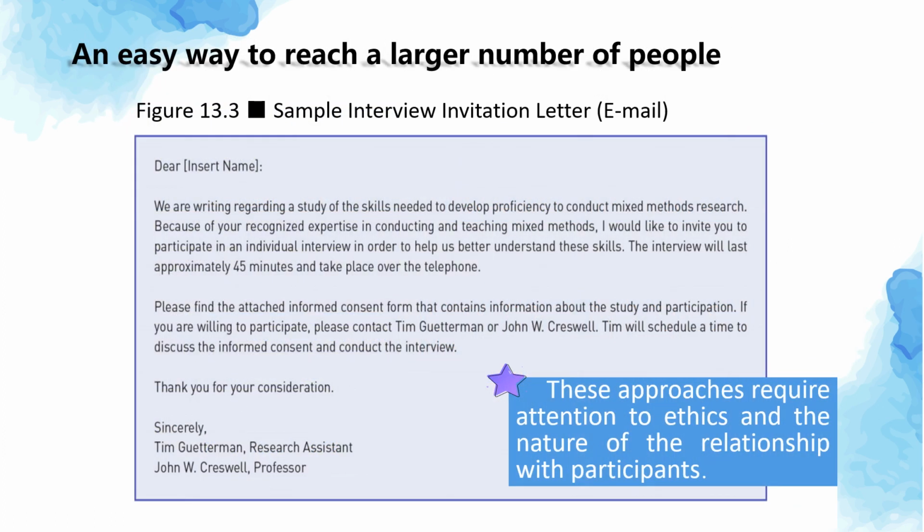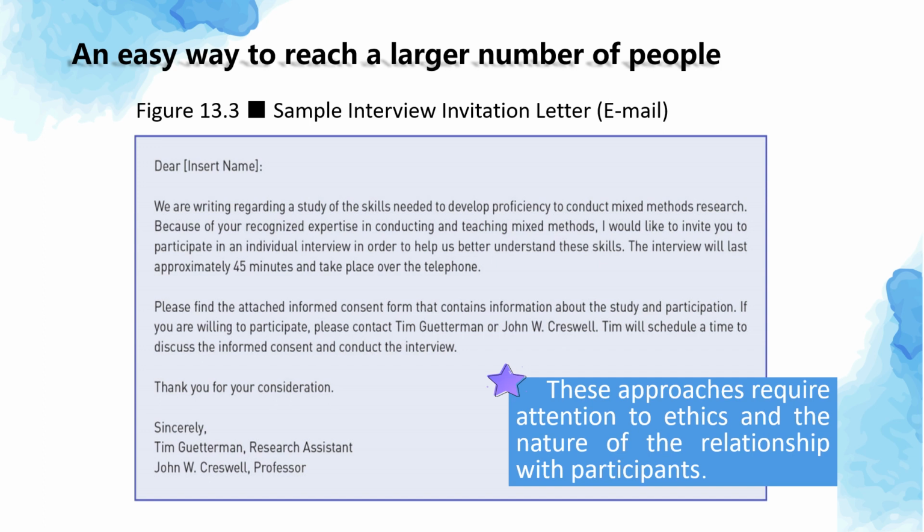Sometimes, multiple recruitment methods are used in qualitative research until the desired number of people has agreed to be in a project. An easy way to reach a large number of people is through an invitation sent through email or a web-based service like a listserv.